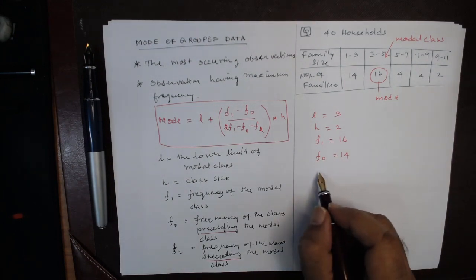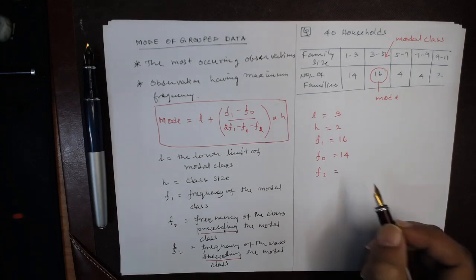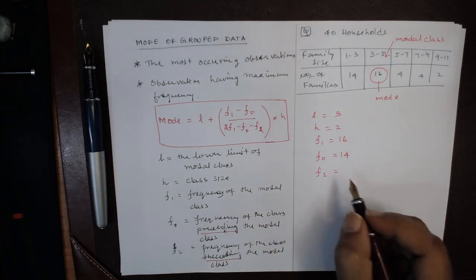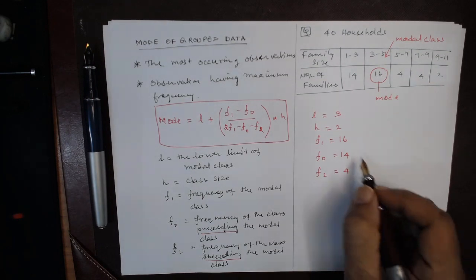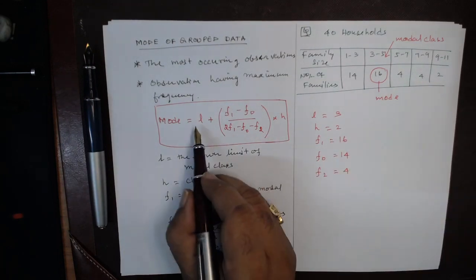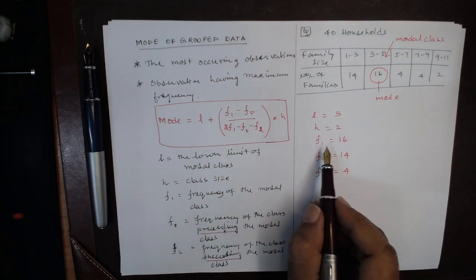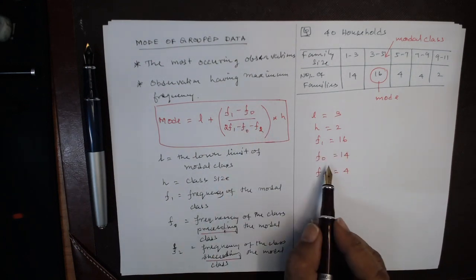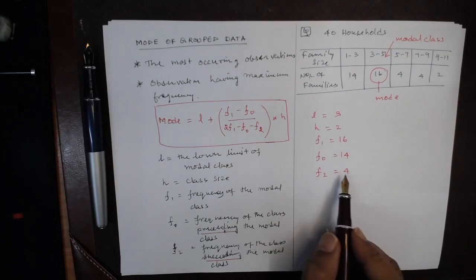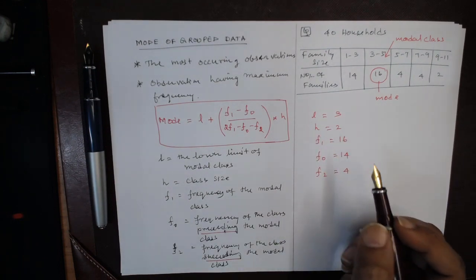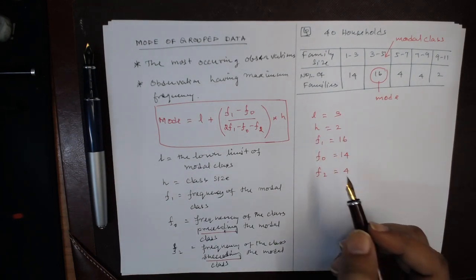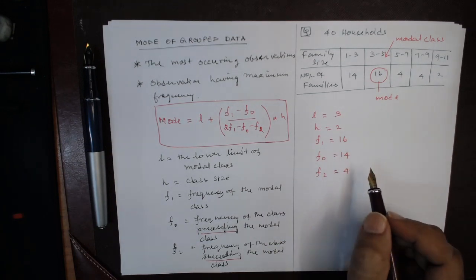Succeeding frequency F2 is equal to 4. And what is the class size? We are done. So we have L, F1, F0, F2 and H. So we can easily substitute.